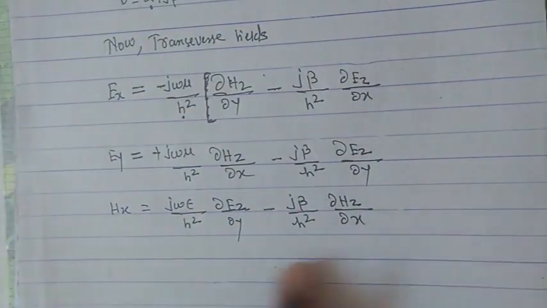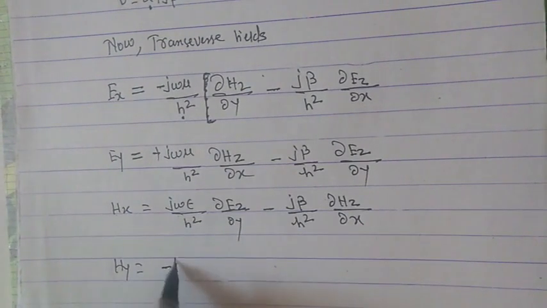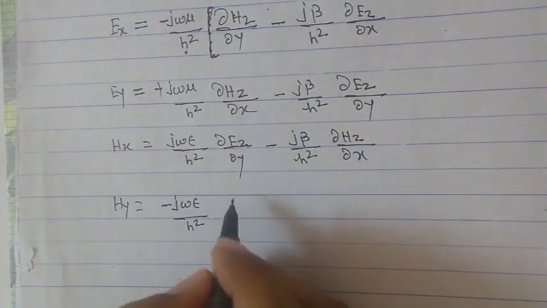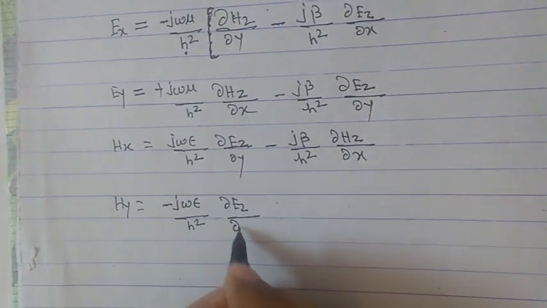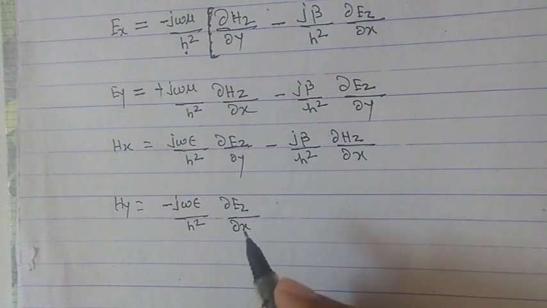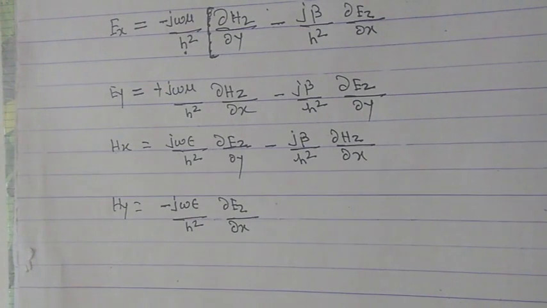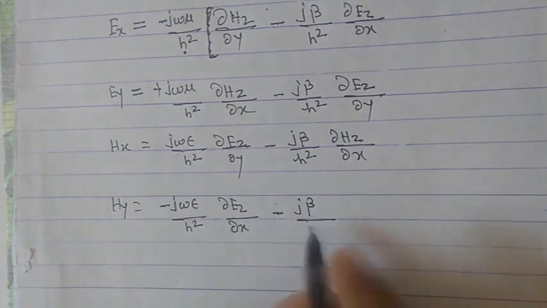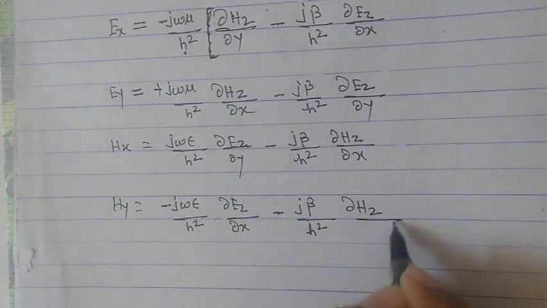So we have Ez and Hz, with y and x there. And the last, Hy, is minus j omega epsilon upon h square del Ez by del x, minus j beta upon h square del Hz by del y.